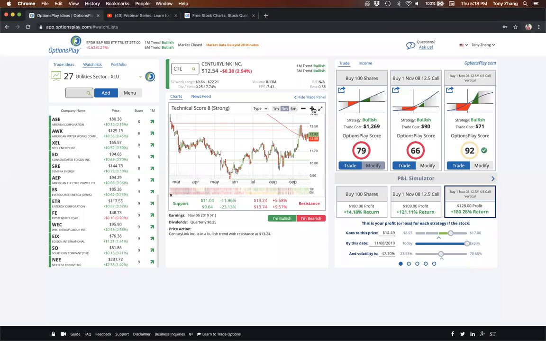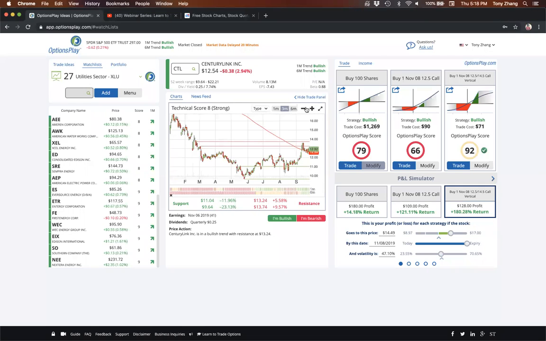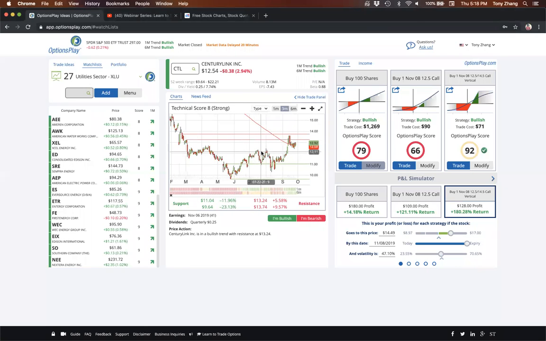So this CenturyLink trade was very similar to the Activision trade, because this is a stock that traded in a tight range for a long period of time, and finally broke out above that range while the markets were trading sideways, showing me relative strength. And it pulled back from that breakout right back to that support level around $12.50.